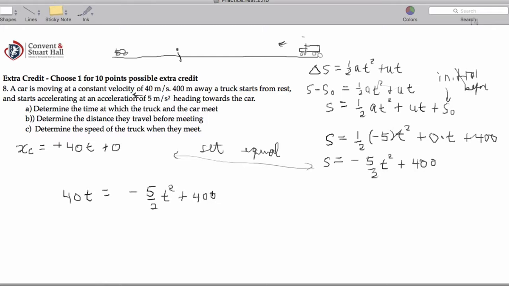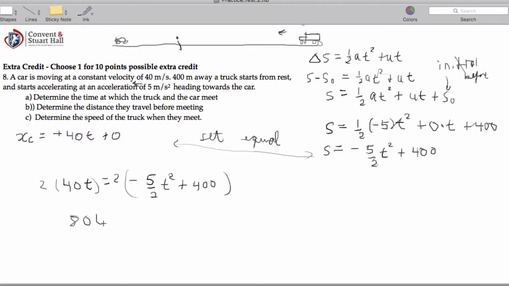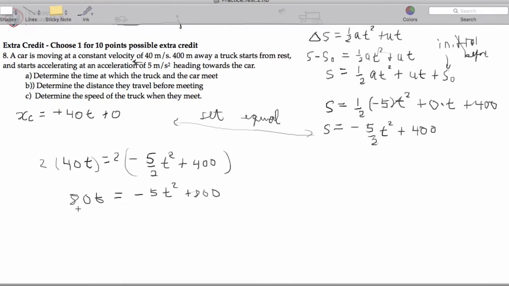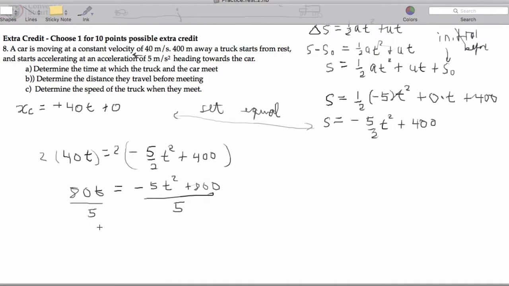Now I'm going to do a little bit of algebra to both sides of these equations. I'm going to multiply both sides by 2 to get rid of the 2 on the bottom. This is going to get me 80t equals -5t squared plus 800. And I'm going to go ahead and divide both sides by 5. That's going to give me 16t equals -t squared plus 160.